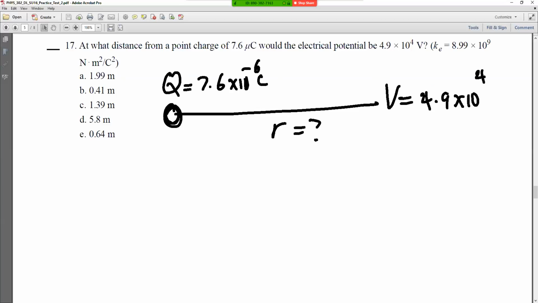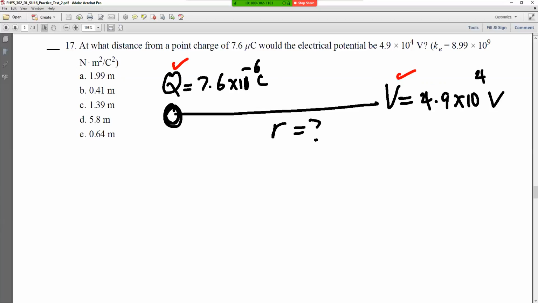So you know V, you know Q, you know K. You know this, you know that.